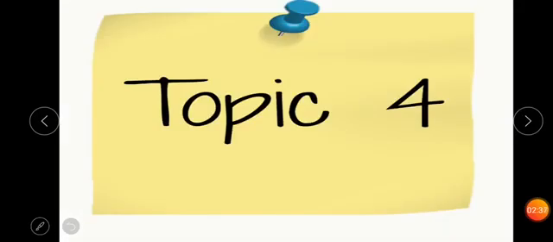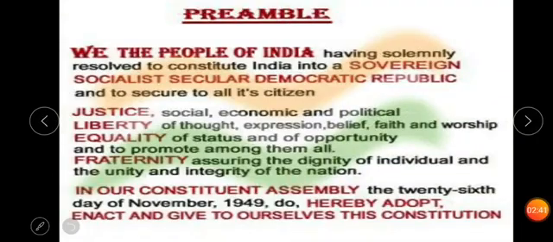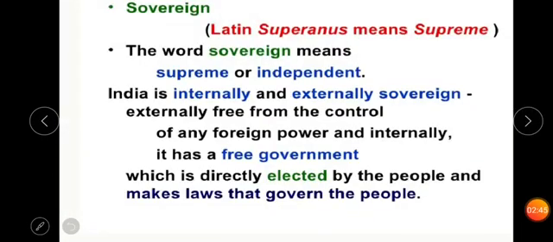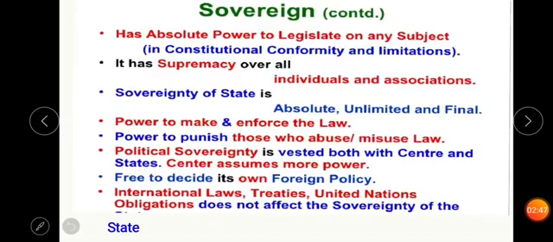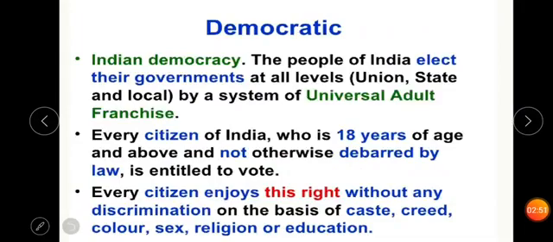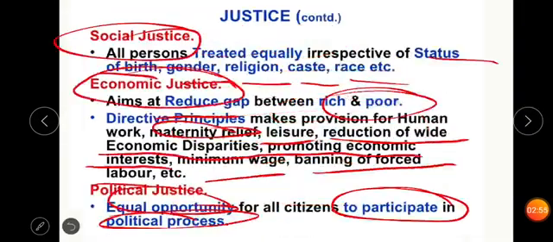Now in topic 4 we studied about the preamble. In that we tried to define and describe each and every aspect of the preamble: sovereign, socialist, secular, democratic, republic, and justice, three types of justice: social, economic and political justice.